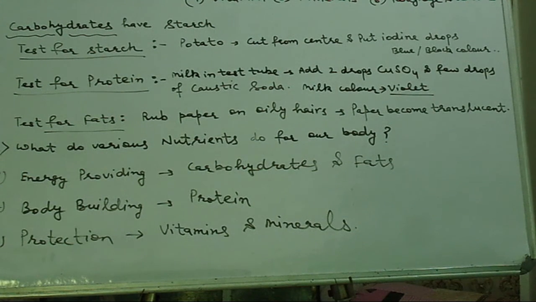Because these proteins build our body, that's why they are necessary since our childhood. You know, when we are just born, at that time we used to take milk of our mother, because that milk contains so much protein. So that's the basic necessity, because we have to grow so rapidly. That's why we take the milk of the mother at that time.